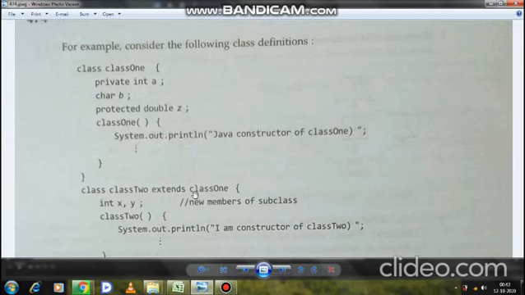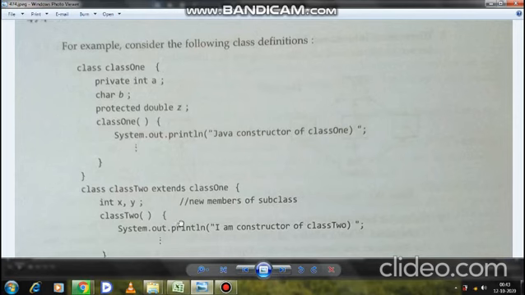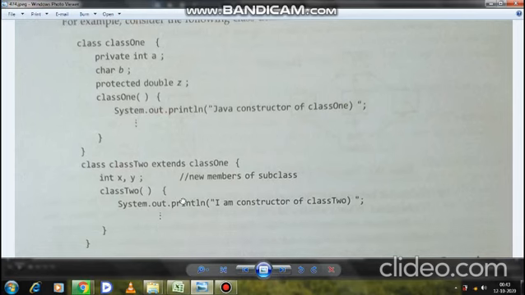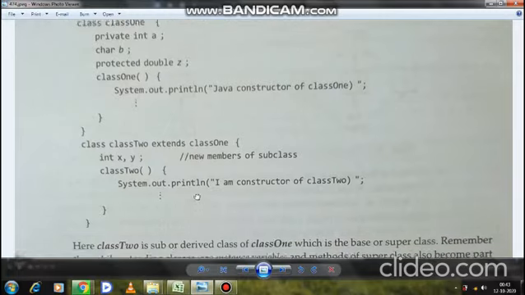The name of the base class is class 1 and the subclass is class 2. This class 2 is derived from class 1. So in programming, by the use of this extends keyword, we are mentioning these things.